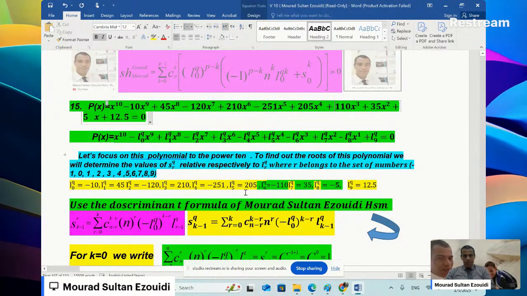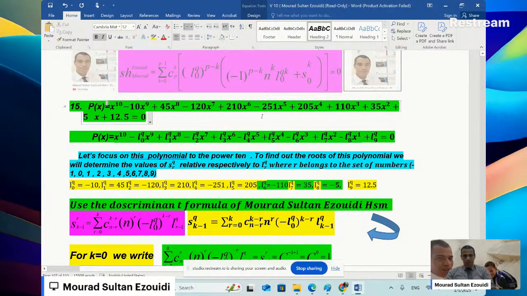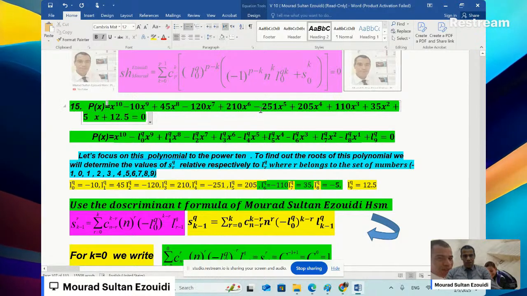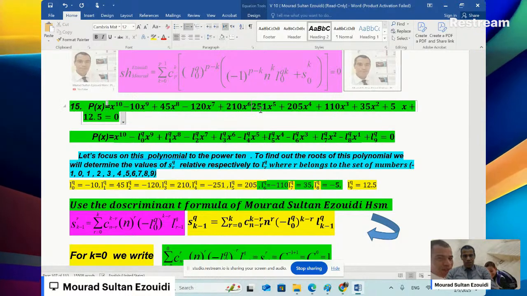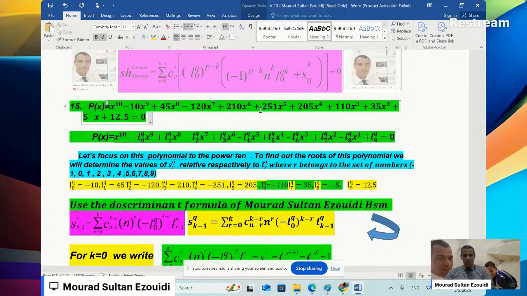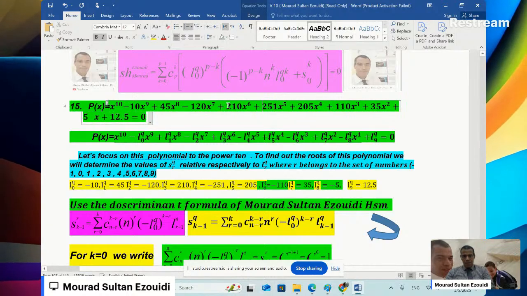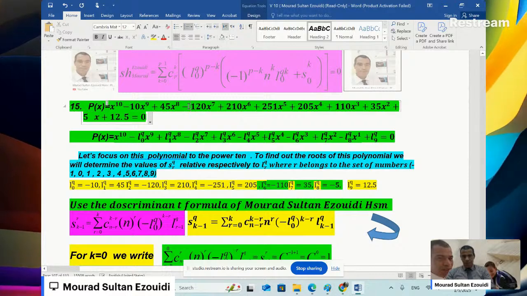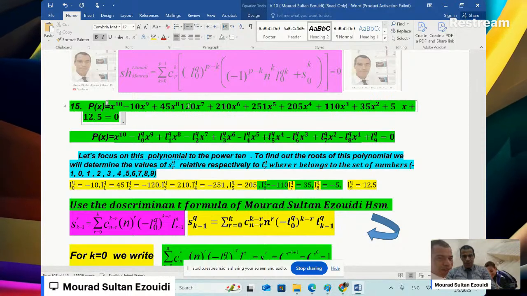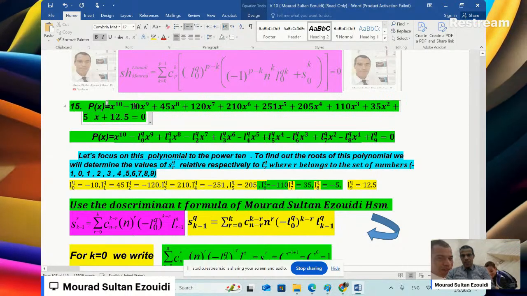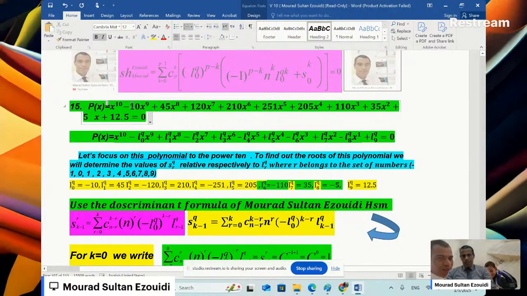This is 205, no change. This is positive, meaning all the coefficients now are written with positive sign. This is positive, this is positive, and this is positive. So this is the tenth-degree equation.